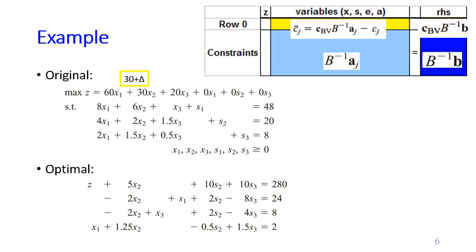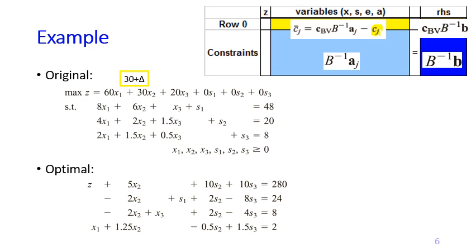Now here's the summary of the formulas that we may use to construct the optimal table of a linear programming problem. Now if we change the price of x2 from 30 to become 30 plus delta, it means that we change c2, c without the hat. That is what we are changing here.